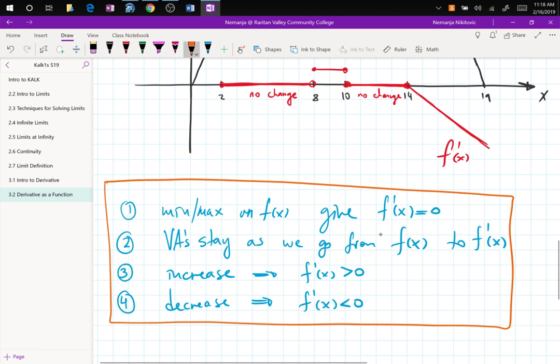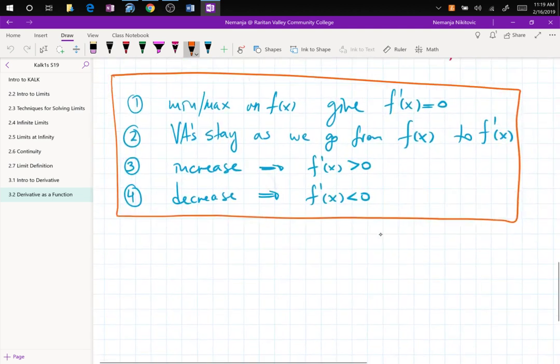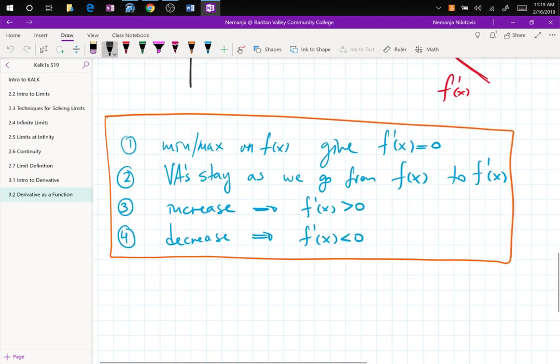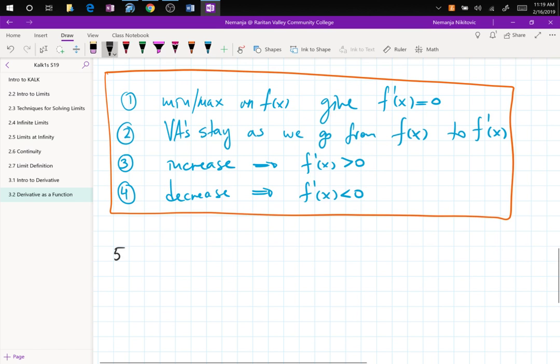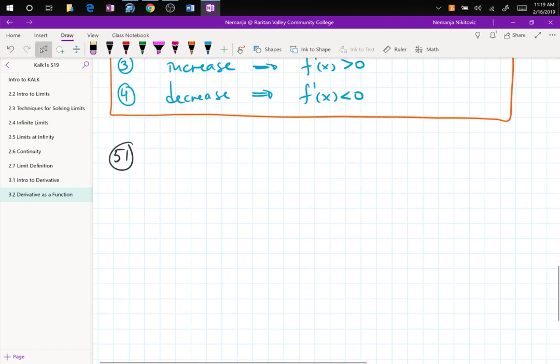Look at 51. Can you have a better example than 51, right? Let's draw a derivative for problem 51, and that ends the lecture. So I'm just going to draw this. The same you should draw as well.